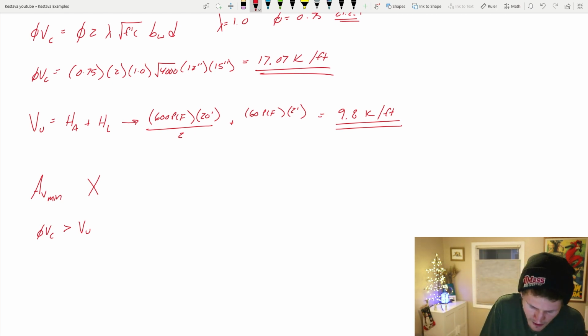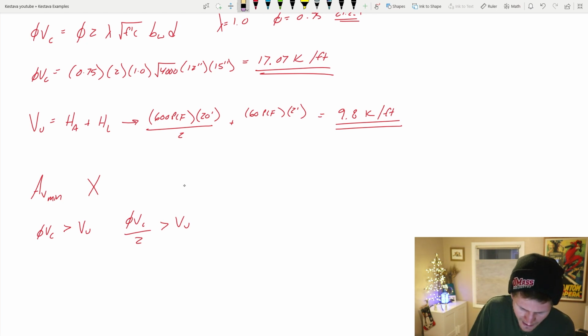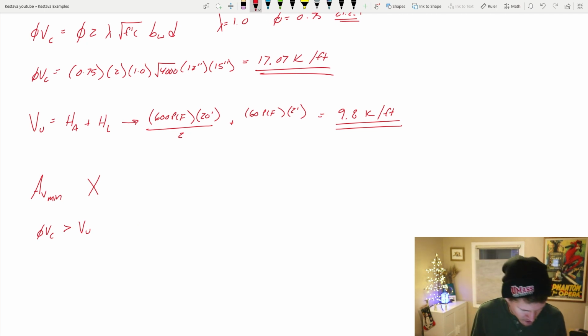For beams, if you all remember, phi Vc over 2 needs to be greater than Vu in order to avoid Av min criteria. So even if the strength of your concrete is adequate, you may still need to provide shear reinforcement in your concrete member. But for slabs, that is not the case.